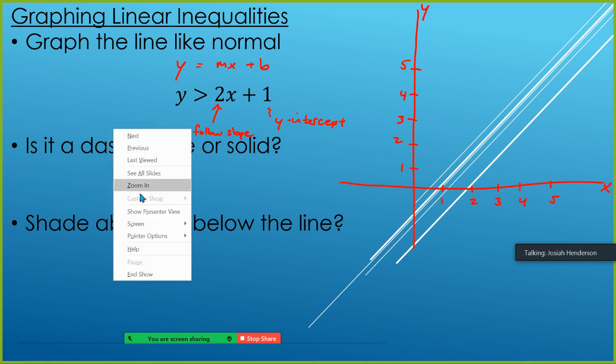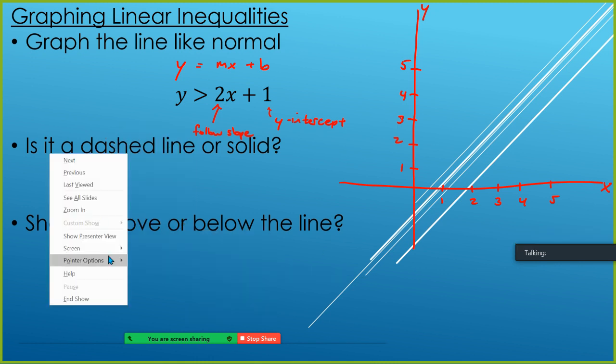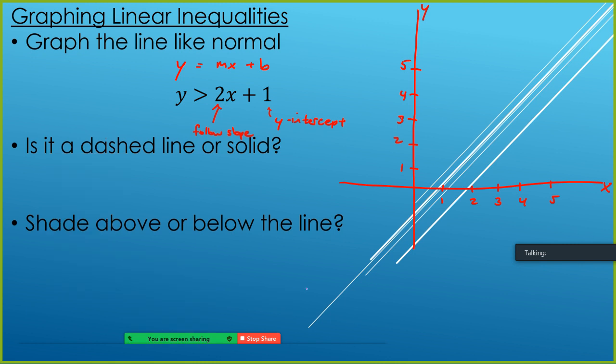Okay, so I'm going to change to purple. Start at +1 on the y-axis right here because of that +1 in our equation.